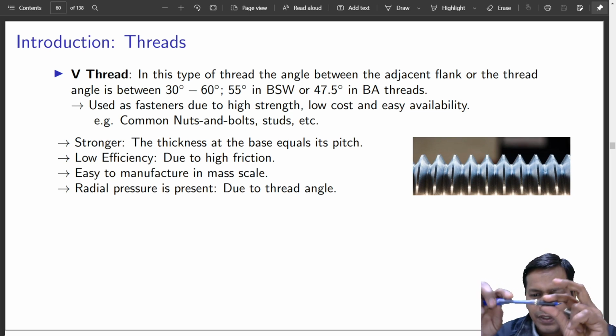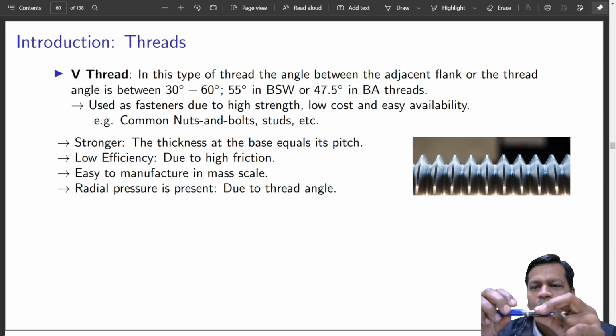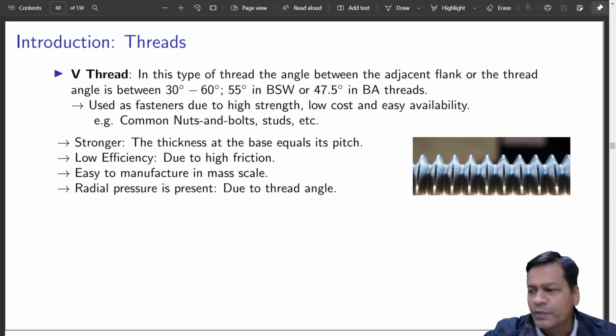That could be a V type of thread, and it could also be a square thread. So just check it. Mostly they are V type threads in your pen.